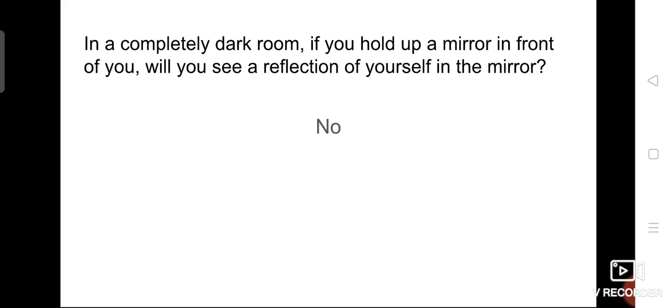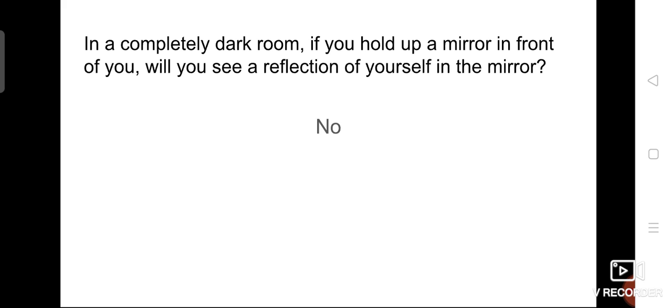For reflection we have to think of two things. One is an opaque object and another one is a light source. Two things are necessary. Just recall the previous videos. For reflection to happen, what are the two things you need? One is light and another one is an opaque object.